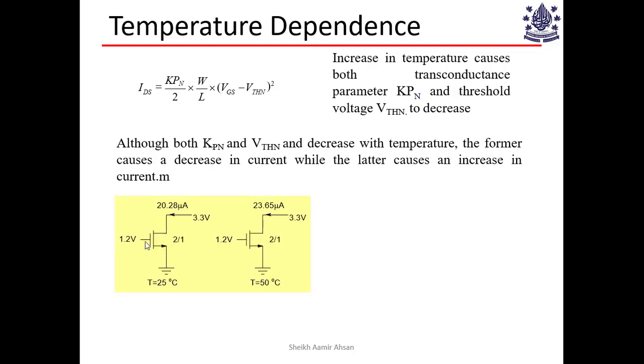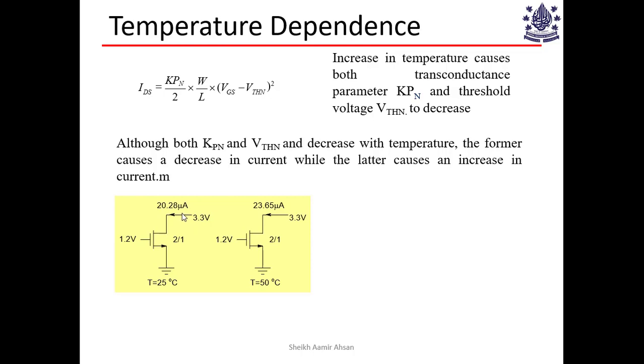Let me give you one instance over here. Let's take a look at this one. So if we have a transistor which is biased at 1.2 volts at the gate, and the source is grounded, and the body is also grounded, and the drain is at 3.3 volts, the current that is flowing in this scenario is 20.28 microamperes.